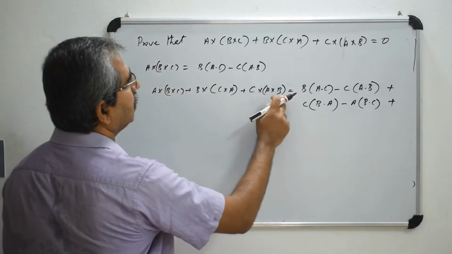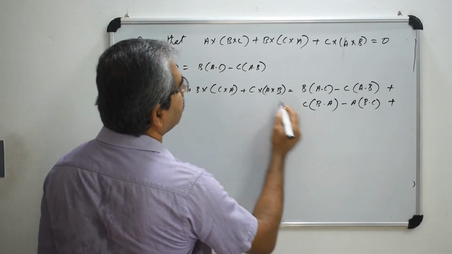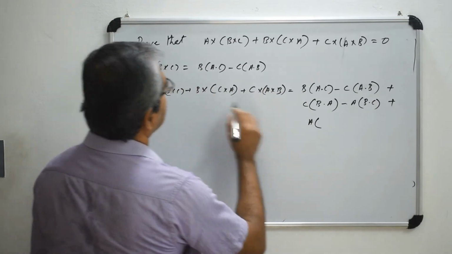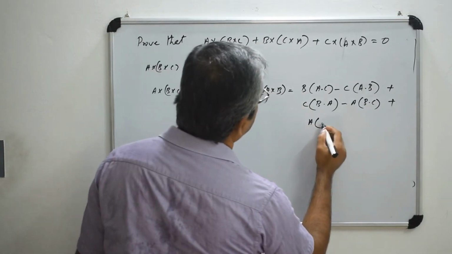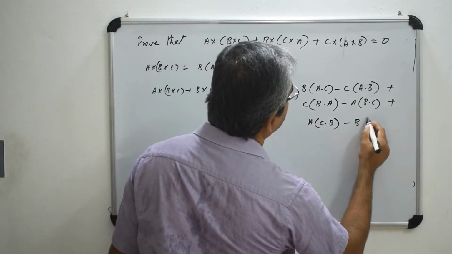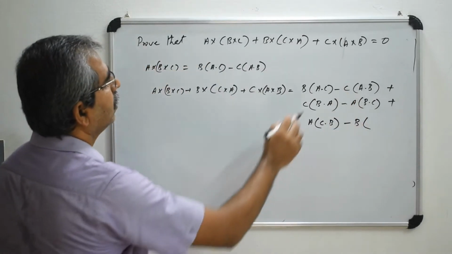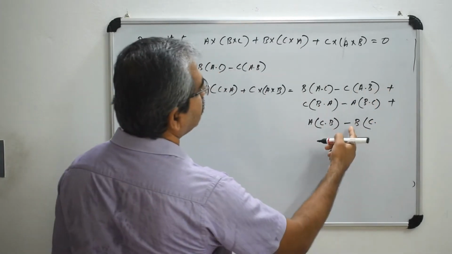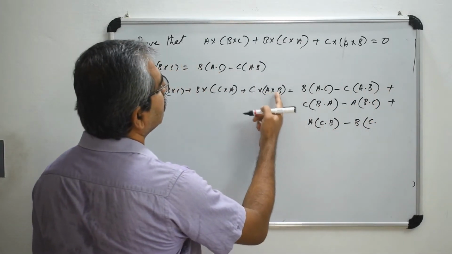Third term is C cross A cross B. So the middle term is A. Okay, so A into C dot B minus B into C dot A.